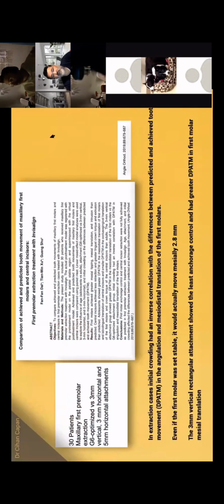So when we look at this study from Van Dai, I don't know if he or she is, but I think probably he. They studied 30 patients and they extracted maxillary first premolars.